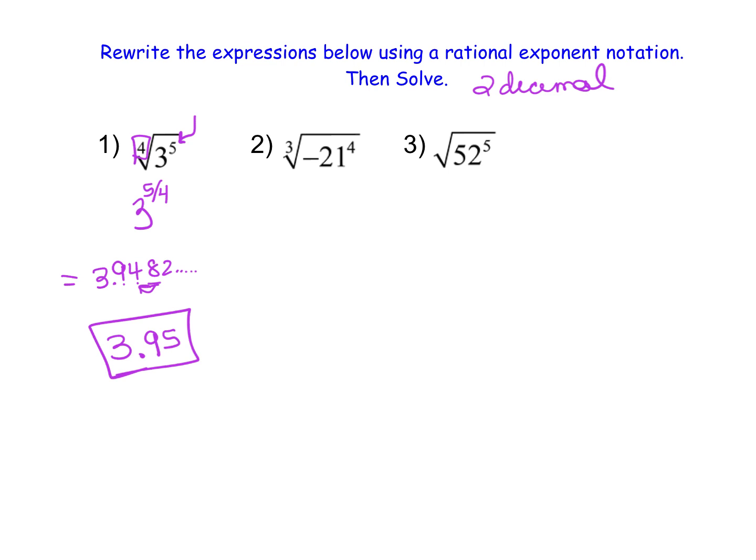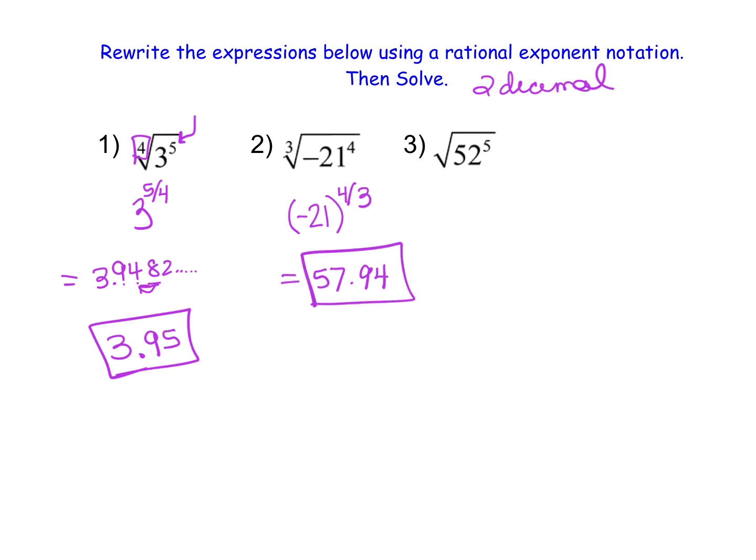If we take a look at the next one, we see that we have negative 21, so I'm going to put that in parentheses since it's inside of the root. Negative 21 to the power of 4 over 3, which in this case is going to produce 57.9 and then 3, but it rounds up because there's a 7 after it.